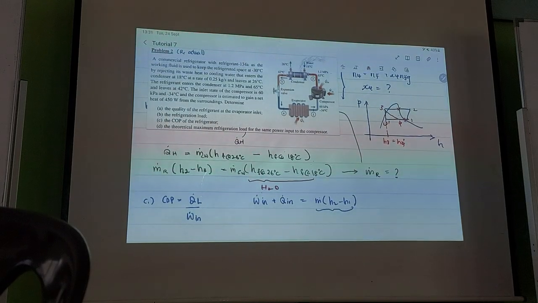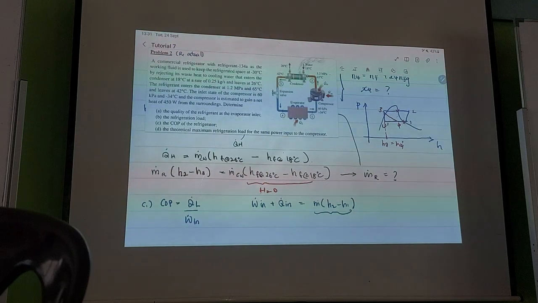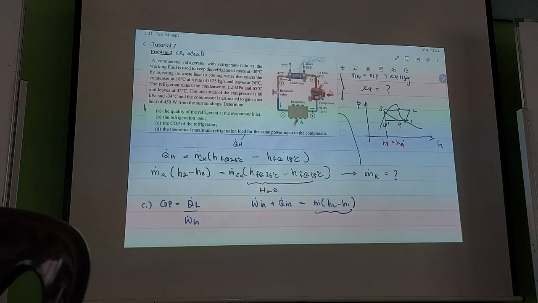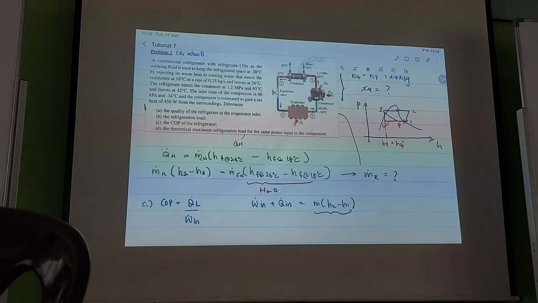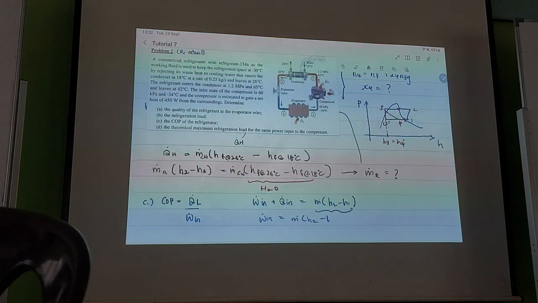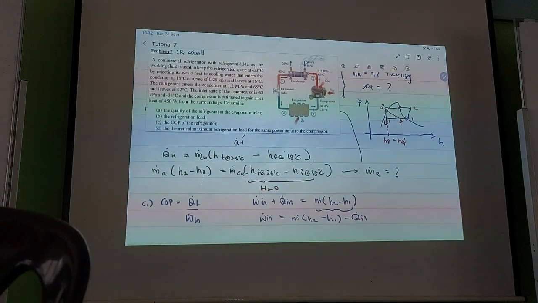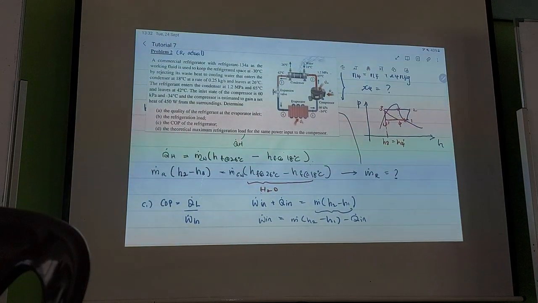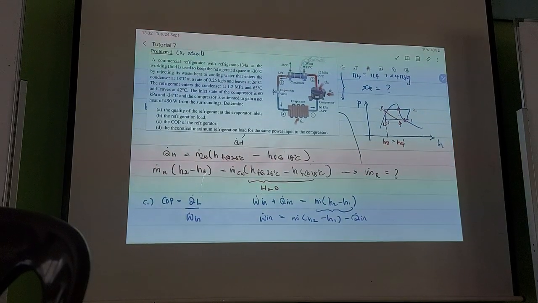Usually when we say adiabatic compressor, the whole change in energy is due to the compressor. But now, because the compressor is also absorbing heat from the surroundings, the resulting change in enthalpy includes the added heat. So in this case, you need to subtract the Q in given by the question, which is 450 watt. Then only you can find the actual work in. Then you sub it into COP, then only you can find the actual COP value.